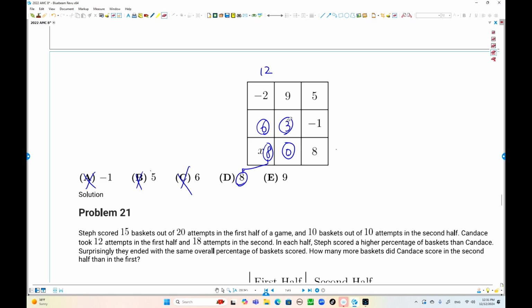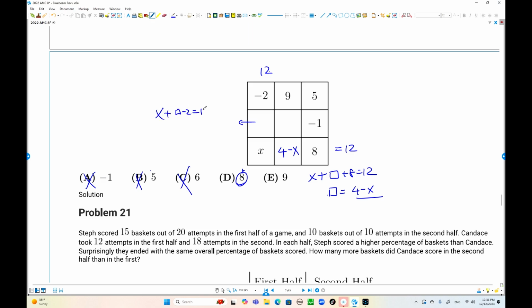Or you can use algebra, but it takes time, right? Okay, maybe you can try this. Total is 12, x plus this number plus 8 is 12, right? This number equals how much? 4 minus x, isn't it? This number is 4 minus x. What about this number? x plus this one minus 2 equals 12, right?